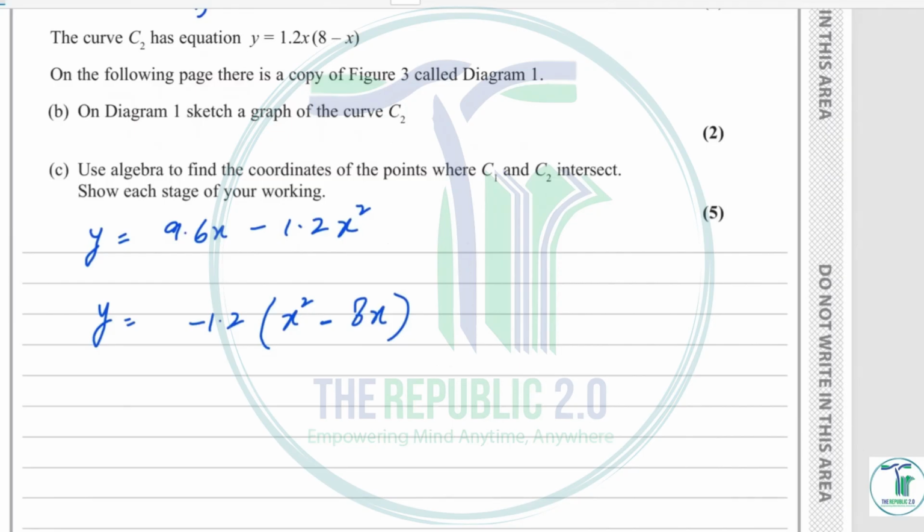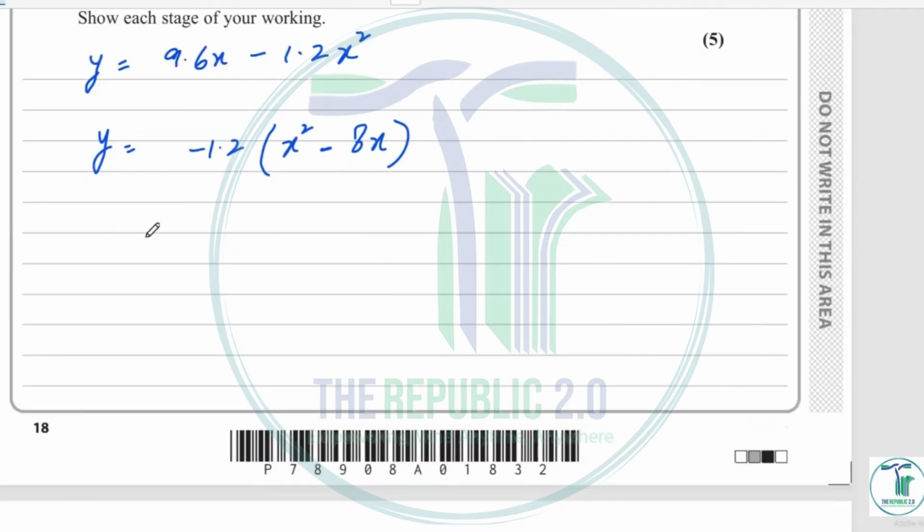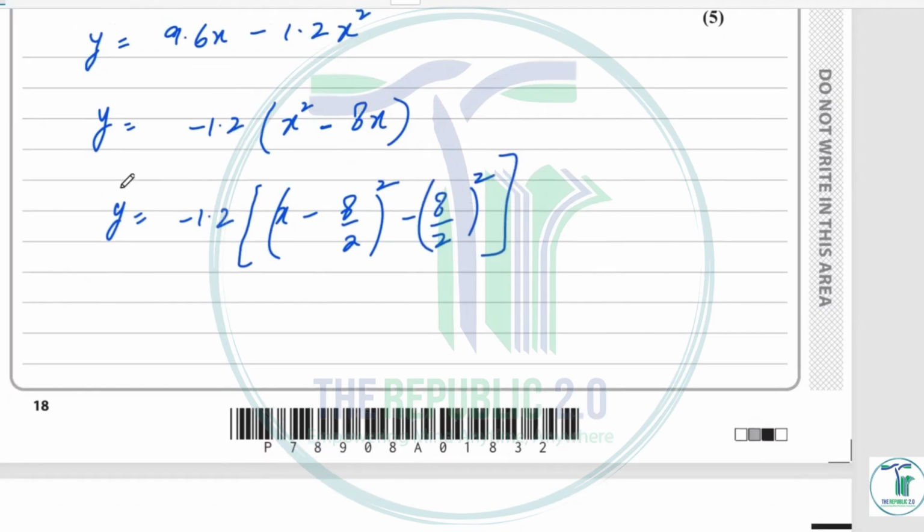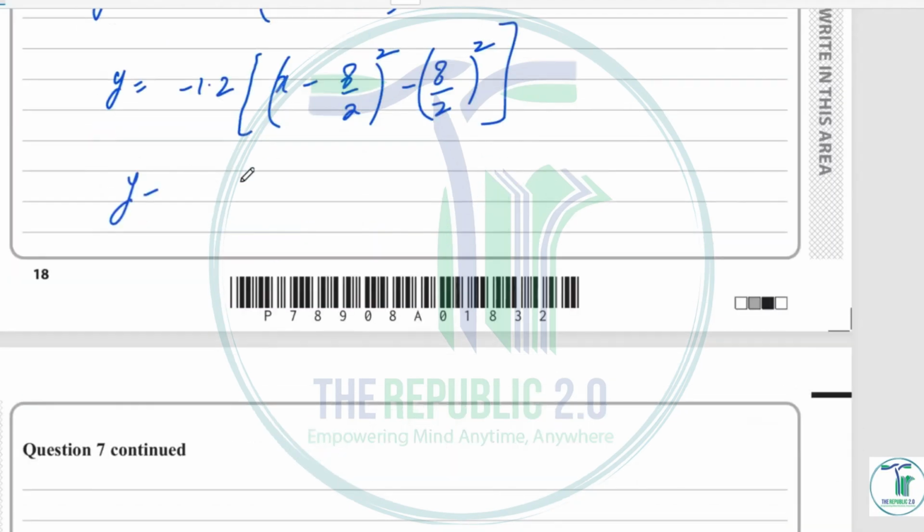So now I'm going to write it in completing square form. So y should be equal to negative 1.2 bracket (x minus half of 8, that is 8 by 2) squared, and minus 8 by 2 squared as well. We've got the brackets closed now. And now I'm going to simplify it like negative 1.2 times (x minus 4) squared. Over here, 8 by 2 is going to be 4, and 4 squared has to be 16.